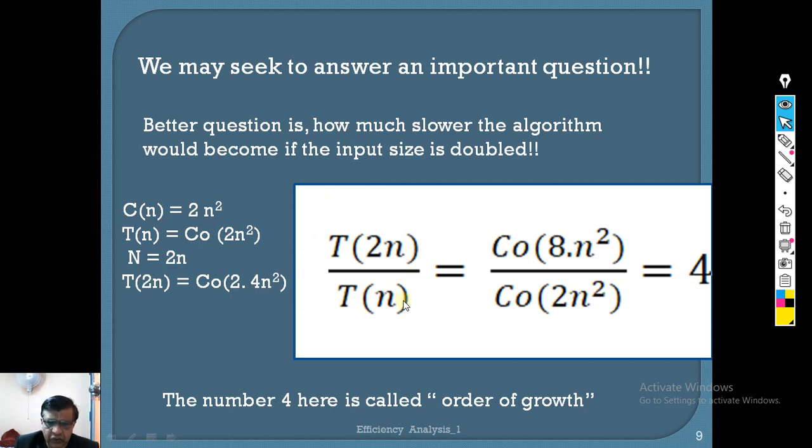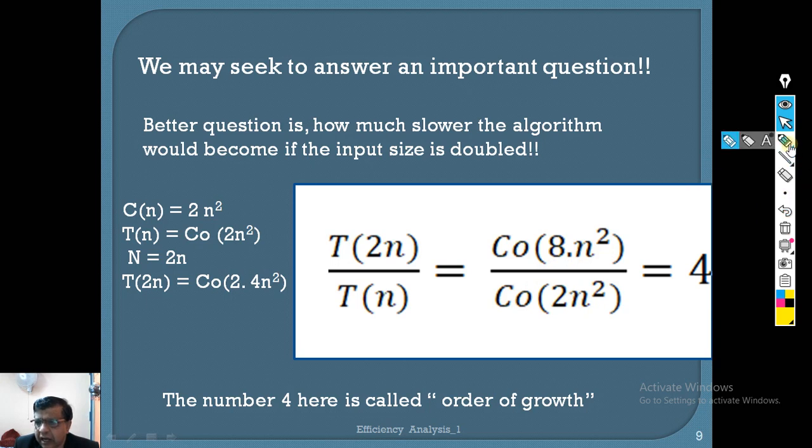Then I will take a ratio of the time consumed upon doubling the input size to the time for the original input size, which is C0 into 2n square.